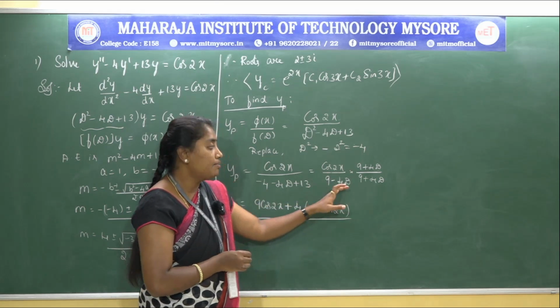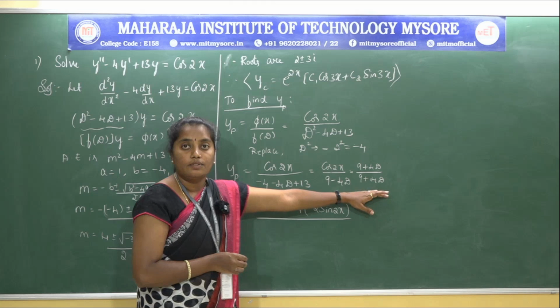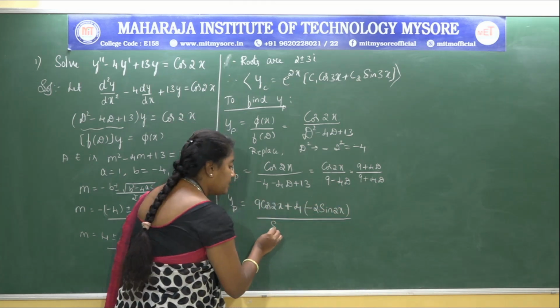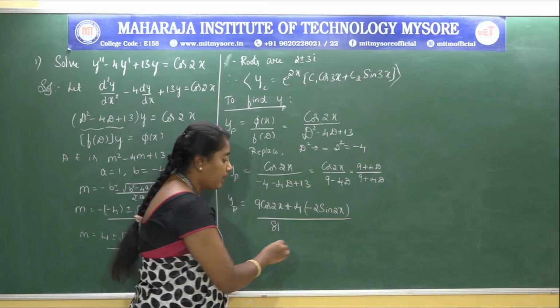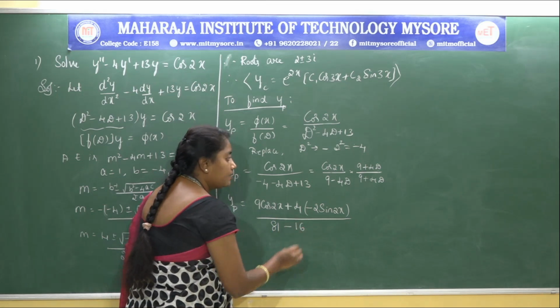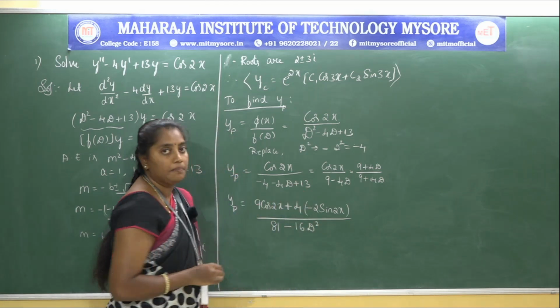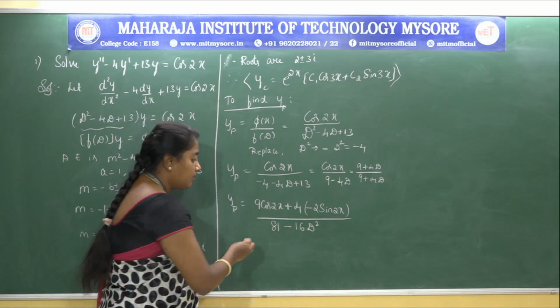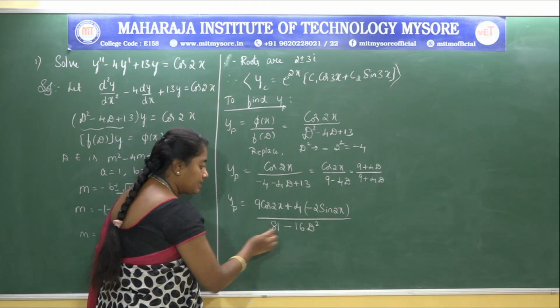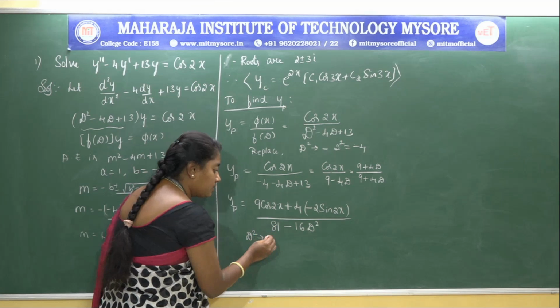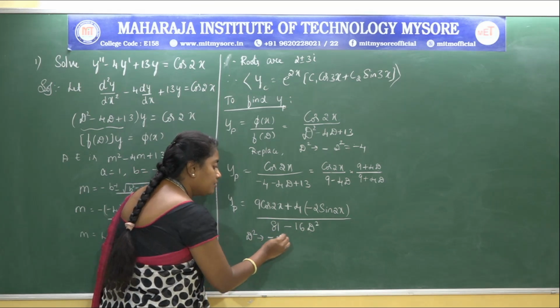That is a minus b into a plus b, which is a square minus b square. A square is 81, that is 9 square, minus b square, that is 16D square. In the denominator, a D square element exists, so again replace D square by minus 2 square.